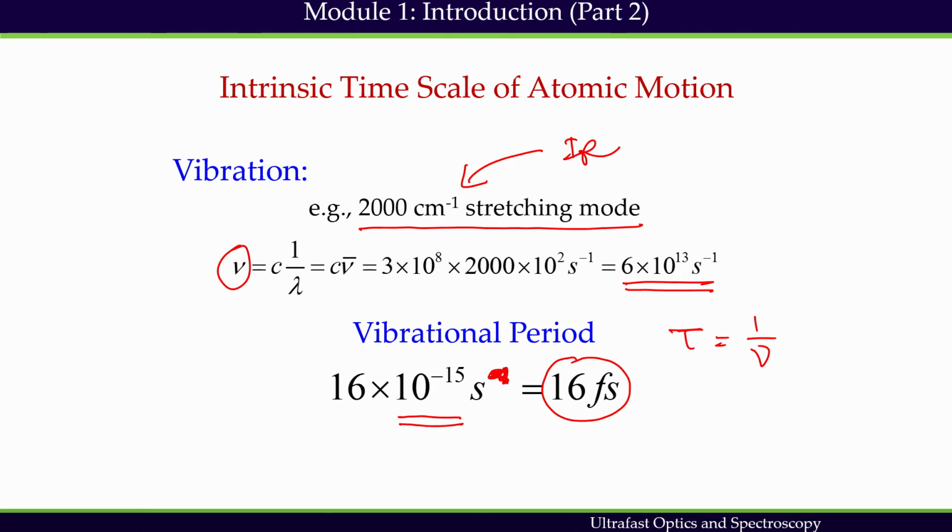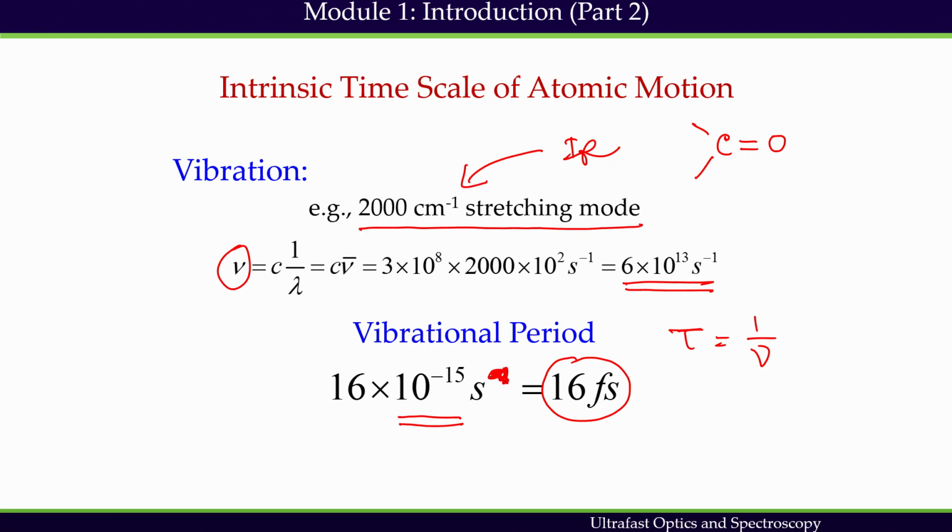So what does it mean? If I take a 2000 wave number stretching mode, it could be, let's say sometimes, C double bond O. If we have this kind of functional group in a molecule, that functional group will vibrate with a 16 femtosecond period, which means that it will stretch and recompress, and this whole time would be 16 femtosecond.